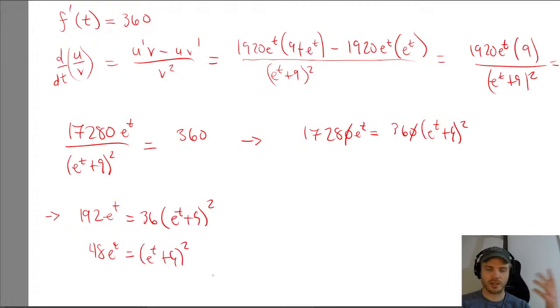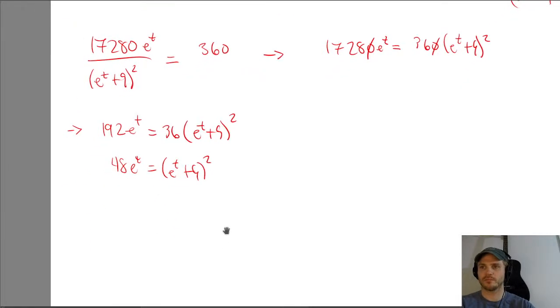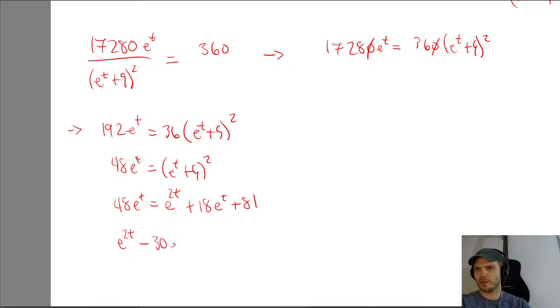Okay, let's FOIL it. So we get 48 e to the t equals e to the 2t plus 18 e to the t plus 81, and then I'll subtract 48 e to the t from both sides, so we've got e to the 2t minus 30 e to the t plus 81 equals 0.